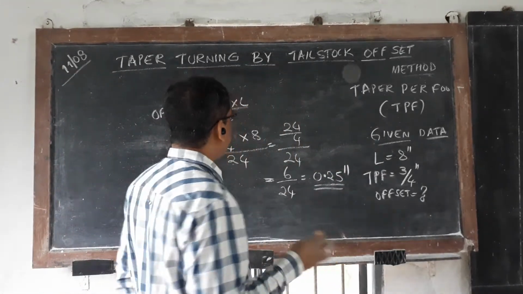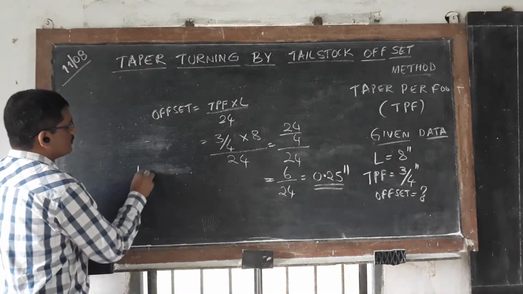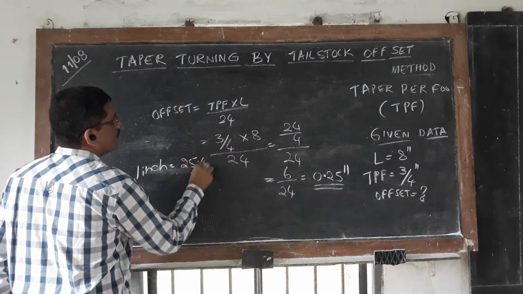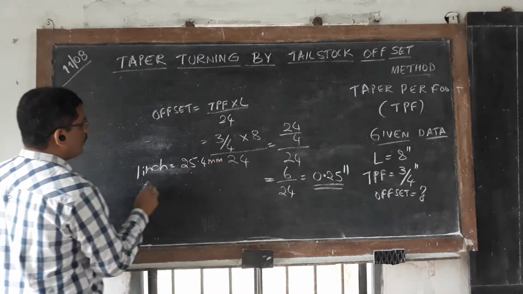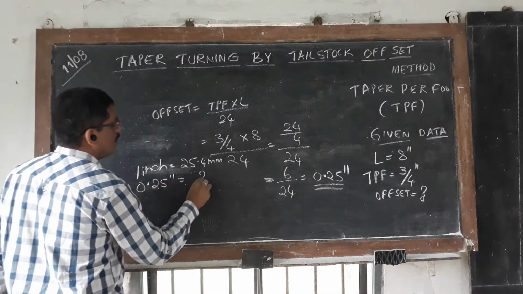So 1 inch is equal to 25.4 mm. Now 0.25 inch is equal to how many mm?